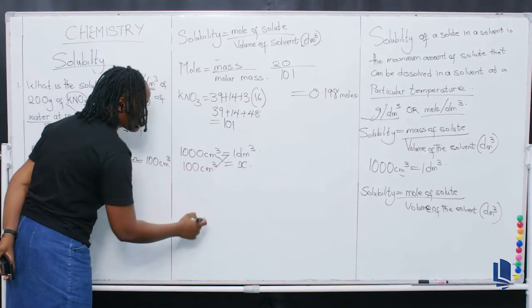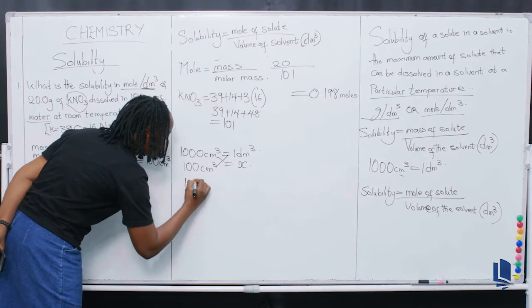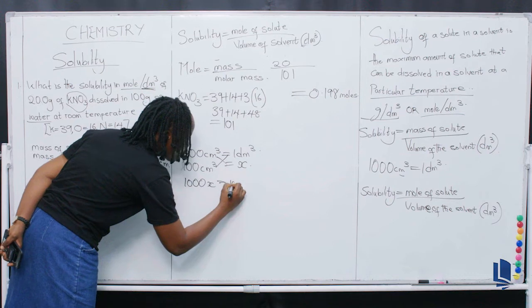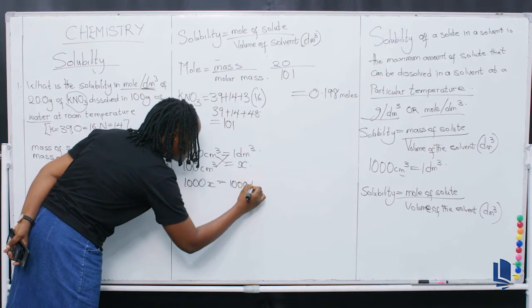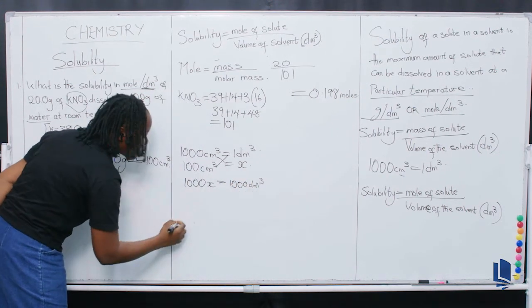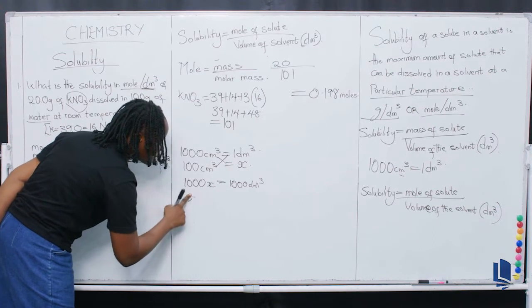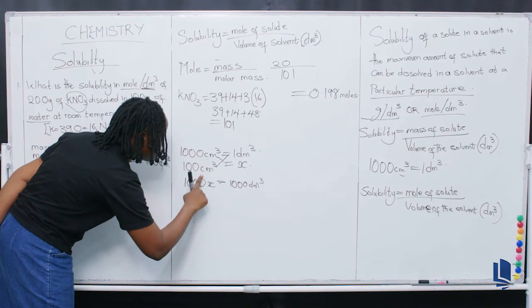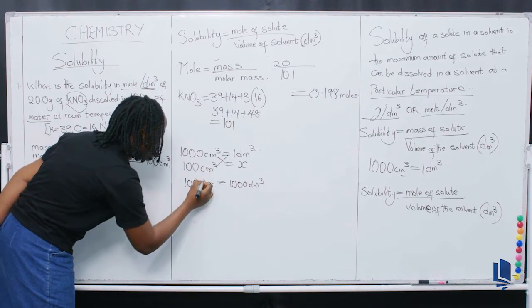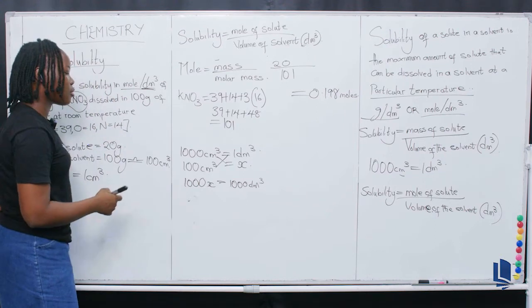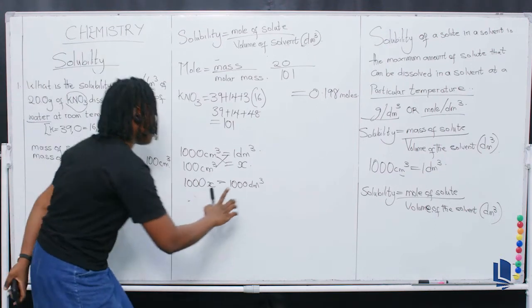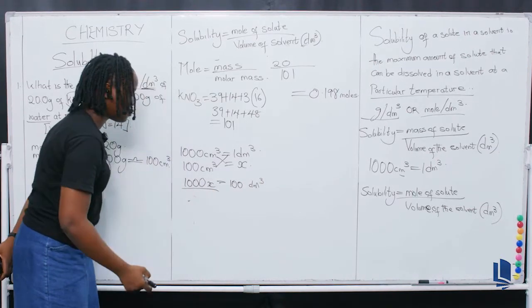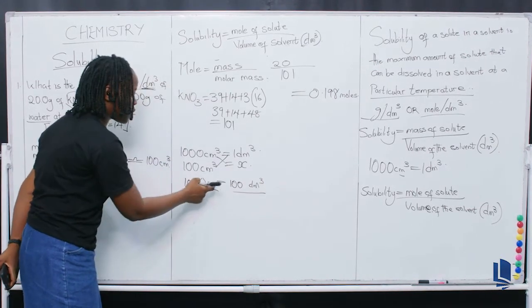I'll cross multiply. 1,000 x equals 100 times 1, 100 dm cube. To calculate for x, we divide both sides by 1,000 in order to calculate x.